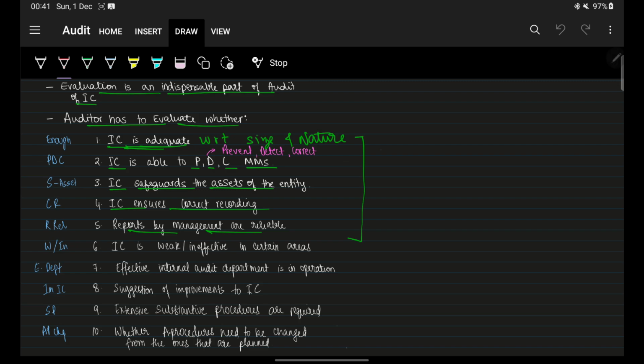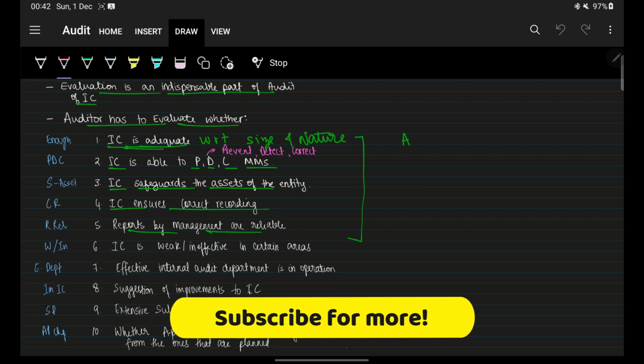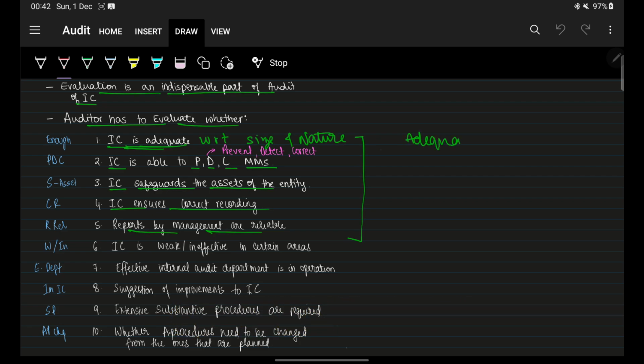Okay, you can just write it while you're dictating or while you're telling it by word, right? So firstly, whether it is adequate, right? The second point is whether it is able to prevent, detect and correct. Thirdly, whether it is able to safeguard the assets. Next point is whether it is ensuring correct recording.